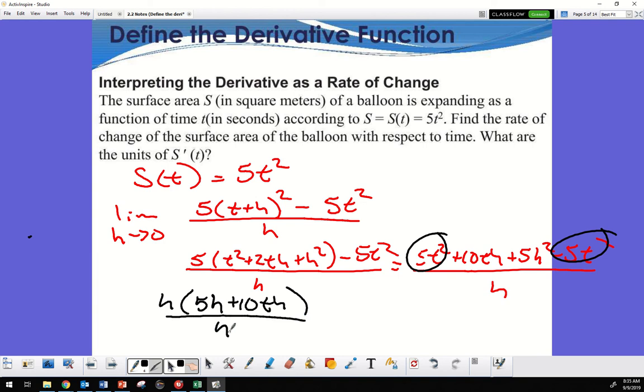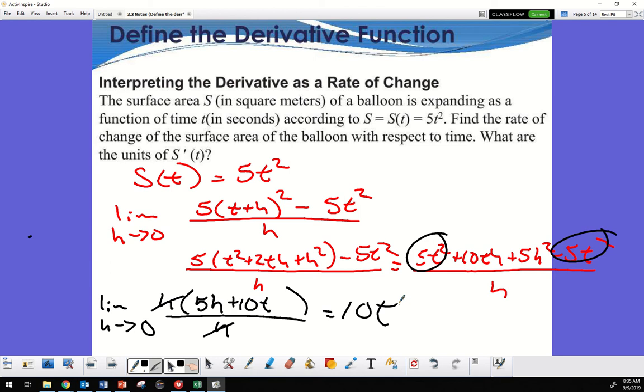I'm taking the limit as h goes to 0, cancel those out, and then, wait, I shouldn't have an h there, right? Yeah. That should just be t. Then plug in 0 for my h, and I should get 10t.